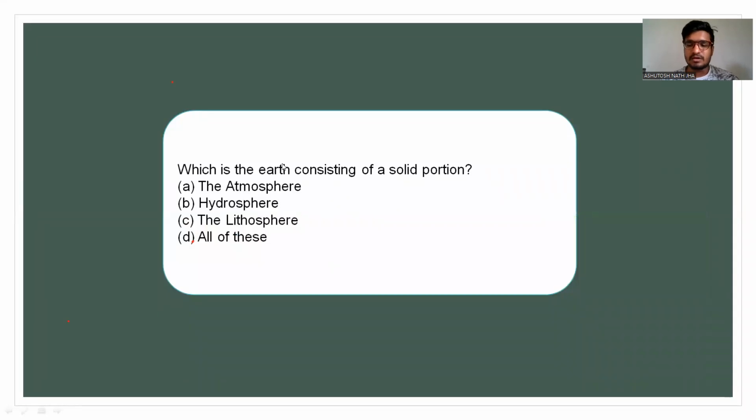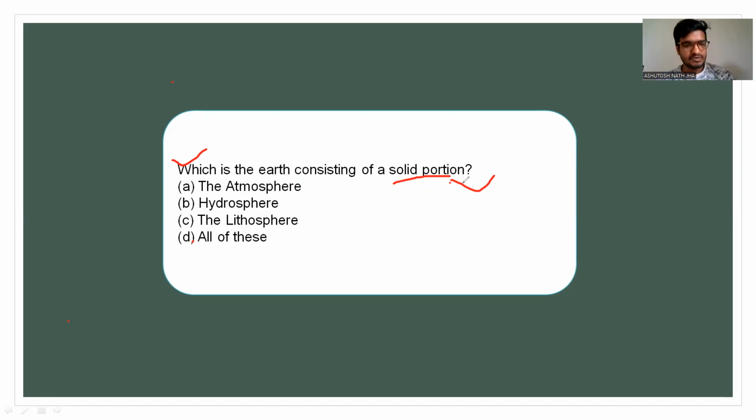So now you have to answer this question. The question is: which earth domain consists of a solid portion? The atmosphere, the hydrosphere, the lithosphere. So which one is the correct answer? Consisting of solid portion. आपको ये याद रखना है जो solid form के रूप में विद्यमान है हमारे domains of the earth में. जैसे हमने अभी पढ़ा है.